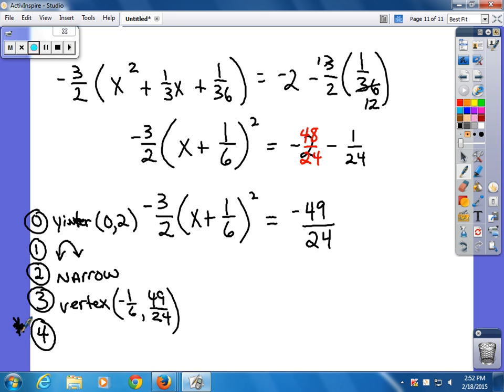So that'd be f of x is equal to what? Negative 3 halves, parentheses, x plus 1/6. No, that's all right, I'll do it. x plus 1/6 squared. And then what?